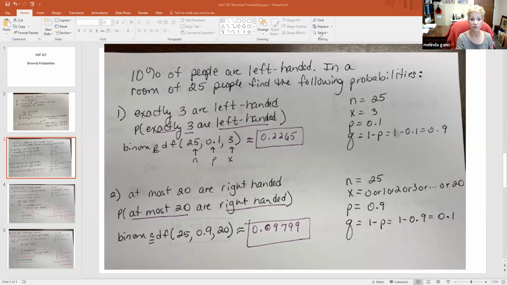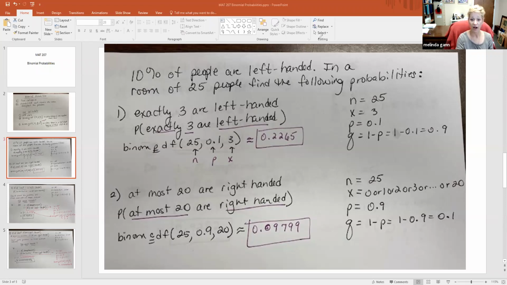I could use the binomial PDF key with 1. So N would be 25, comma, my P is 0.1, comma, my X is 1. And I could get an answer and write it down.